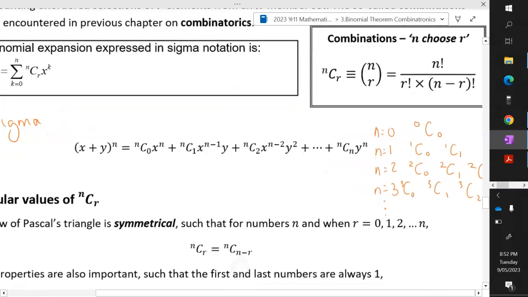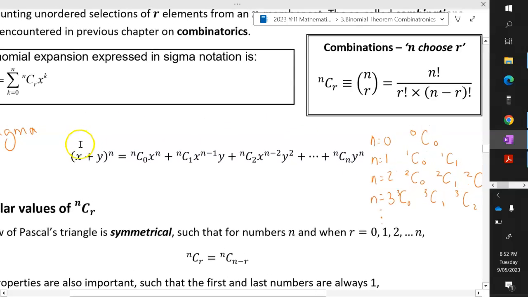So what we've got here, and this looks very scary, but it's not, is our expansion of x plus y to the power of n in terms of our coefficients that are Pascal's triangle, but it's generalized. So we're basically saying that our power n is our value at the top, and we always start at 0, and we're going all the way up till we get to nCn. So our coefficients are written in there, up to nCn.